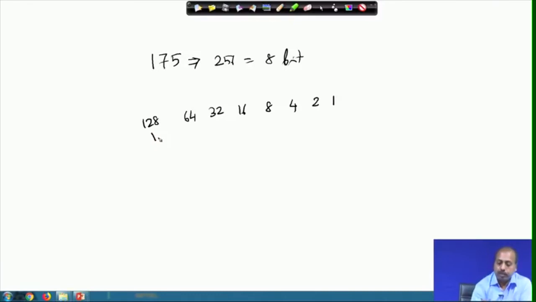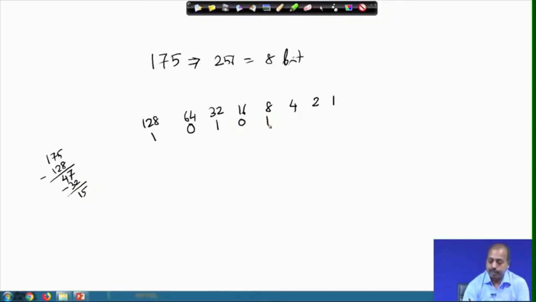After I have taken 128, 175 minus 128 gives me 47. So, 47 more has to be represented. So, I cannot take this 64, so that is 0. I have to take this 32. If you subtract 32, you are left with 15. So, I do not take this 16.